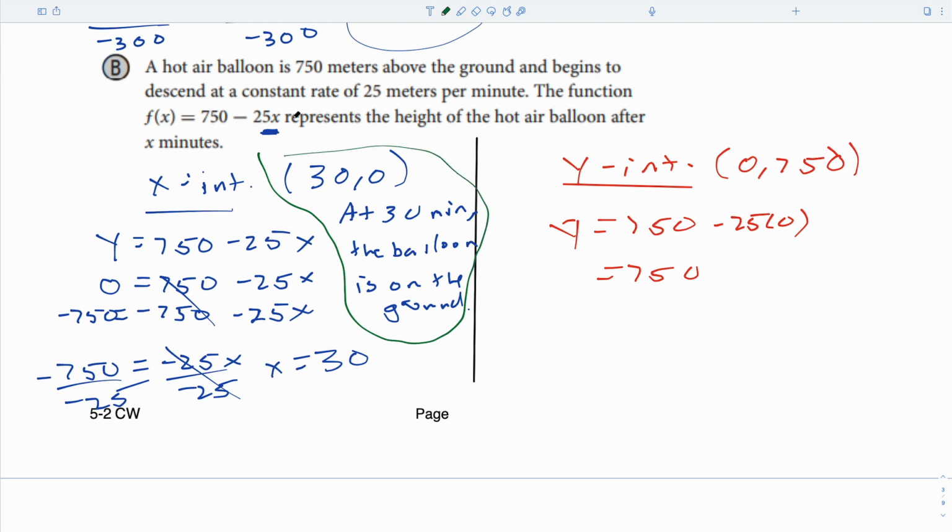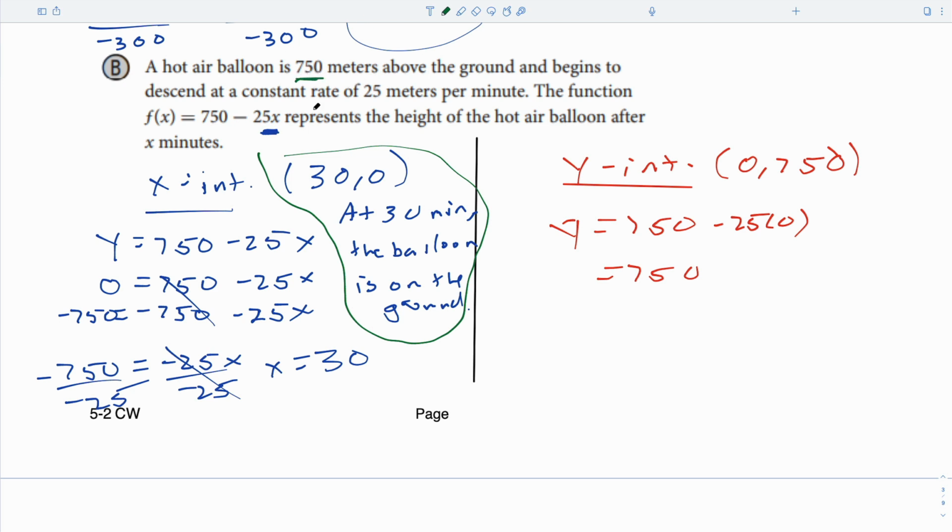So x was the number of minutes. So when this balloon's been going for 0 minutes, what's the height of it? Before it starts descending at 0 minutes, so before it descends, it is at what height?